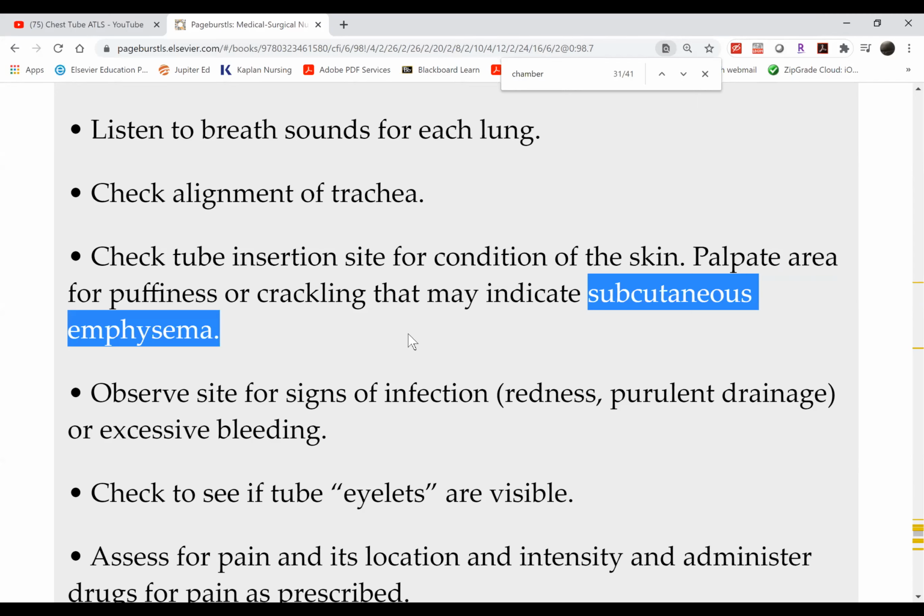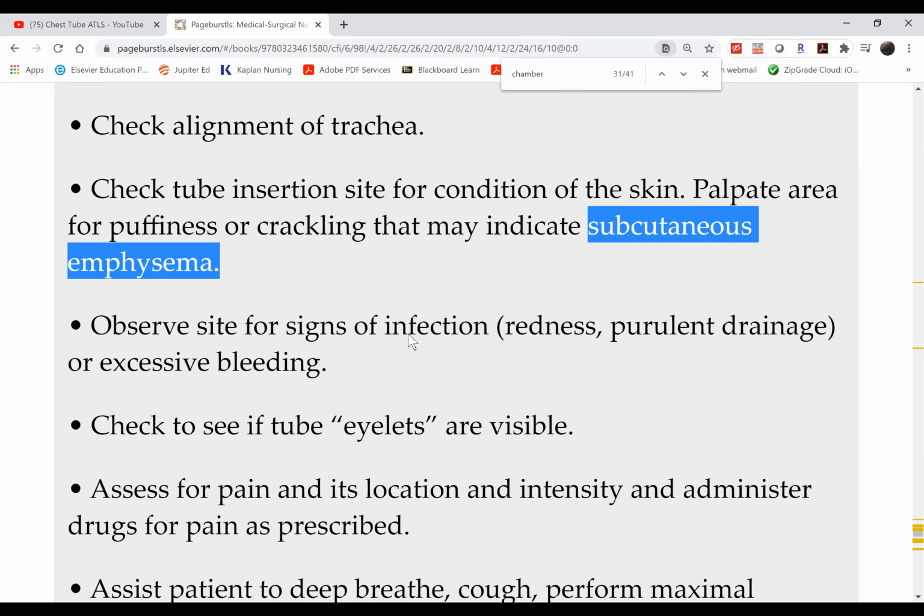Whenever you disturb and make an incision on the chest wall, there's a tendency for air to seep into the subcutaneous layer and get trapped in there. It's really no big deal. The air is absorbed by the body eventually, but if it's large enough to cause a problem, especially around the neck area, causing difficulty breathing, then the doctor has to poke it, just like popping a balloon, to get rid of the air.